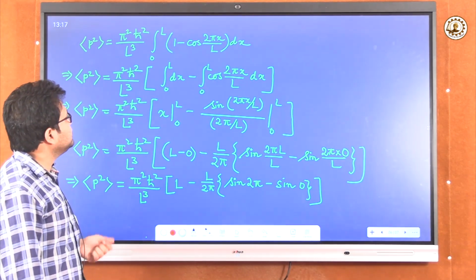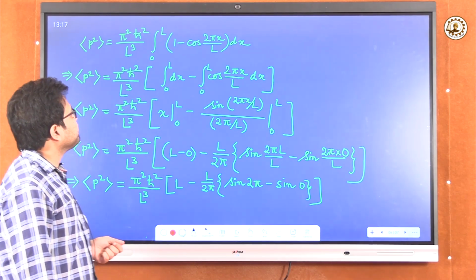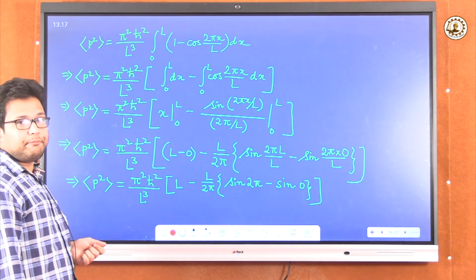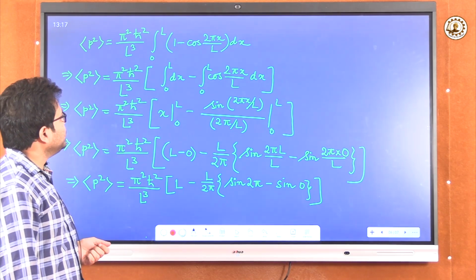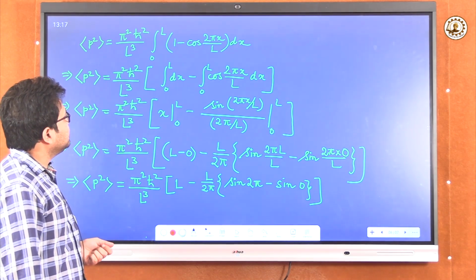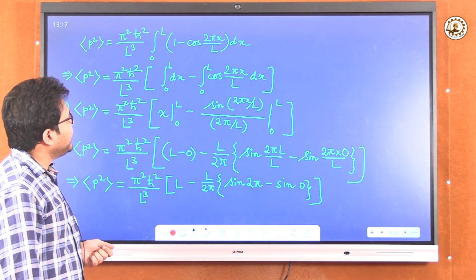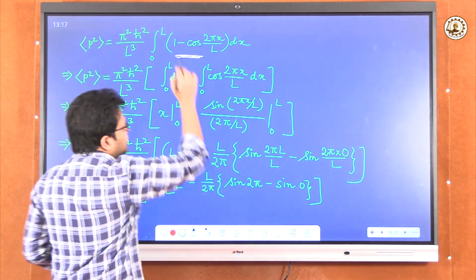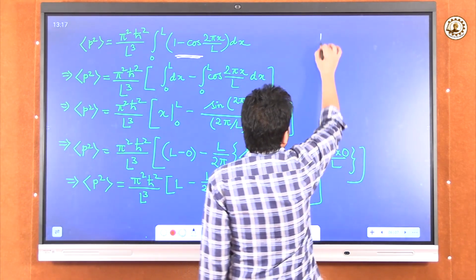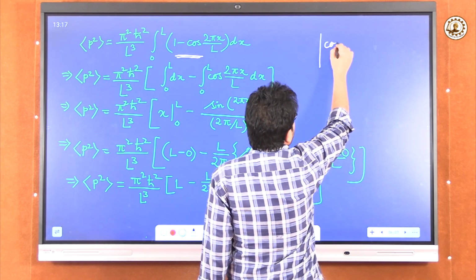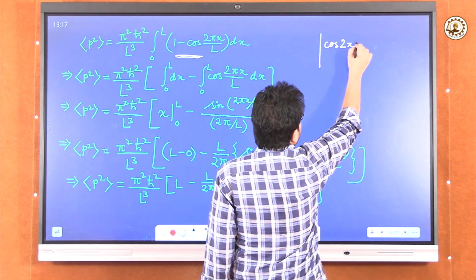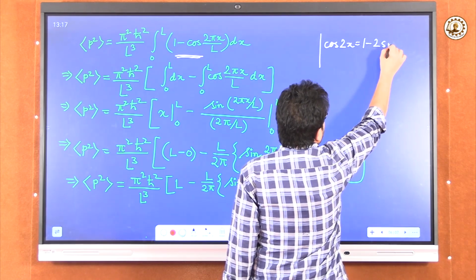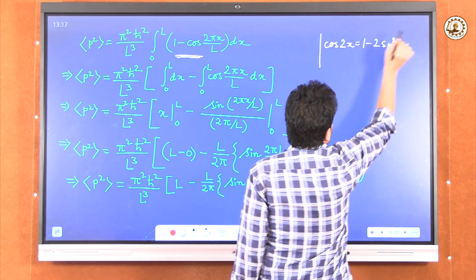That results in average of p square equals pi square h star square by L cube, integral 0 to L of 1 minus cos 2 pi x by L dx. Now where did this term come from? We all know the formula that cos 2x equals 1 minus 2 sin square x, right?